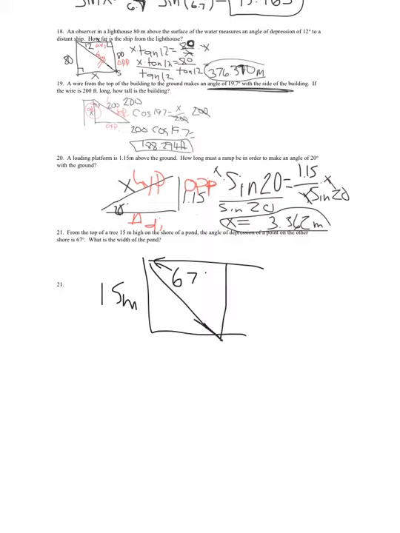And the last one, from the top of a tree 15 meters high, on the shore of a pond, the angle of depression to the point is 67. Okay, so remember, you got to have that line of sight, and so the 67 goes up here in this corner. How far is the other point? So come straight down.